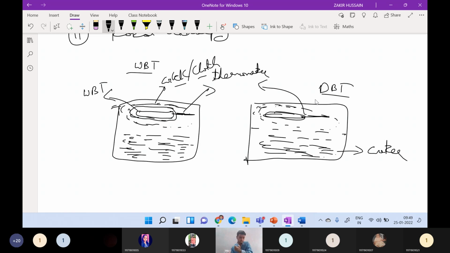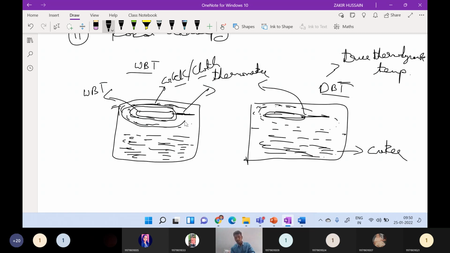So dry bulb temperature is nothing but the temperature of air measured by a thermometer freely exposed to the air, but with shielding against radiation and moisture provided. So this dry bulb temperature is called the true thermodynamic temperature. This is about wet bulb temperature and dry bulb temperature.